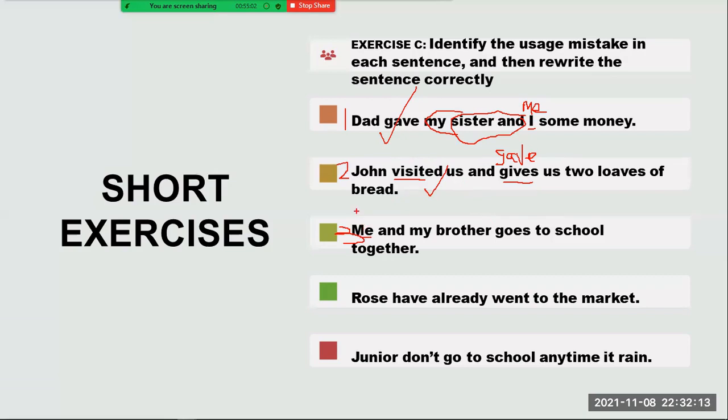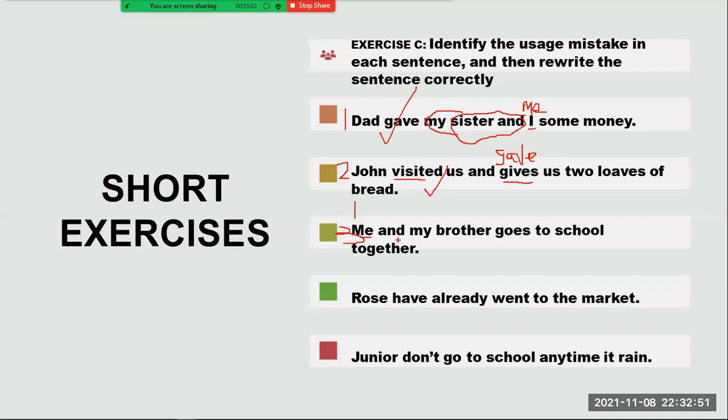The subjective form of me is I. When the pronoun is performing an action, you use the subjective form. When the pronoun is receiving an action, then we use the objective form, just as explained earlier in the first example. So this is the first usage mistake, beginning with me instead of I.